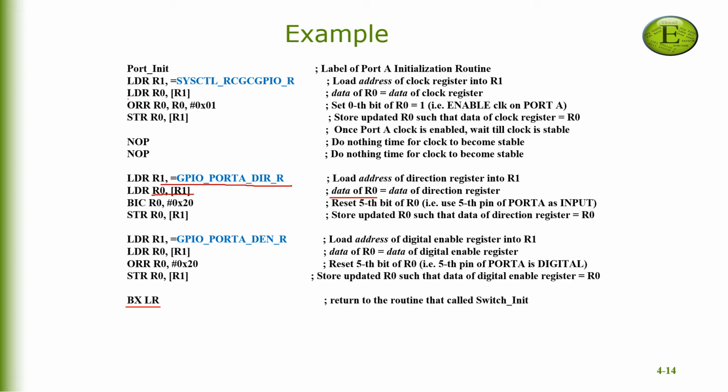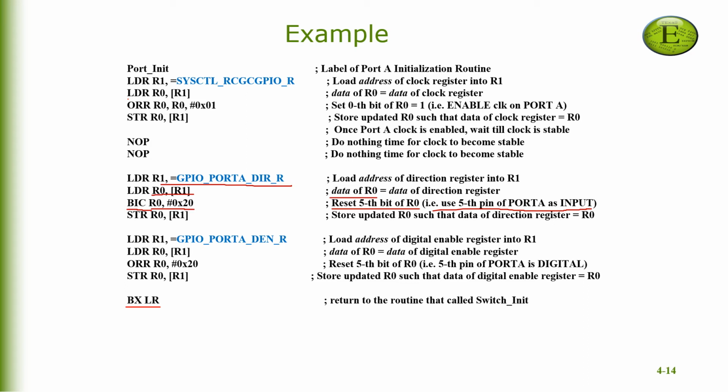So R0 contains a copy of the data of the direction register, and in this case we wish to use pin number 5 of port A, which means bit number 5 needs to be configured as an input pin. Therefore, we are going to invoke another instruction, BIC, that is used to clear the fifth bit, that is going to reset the fifth bit of the register R0.